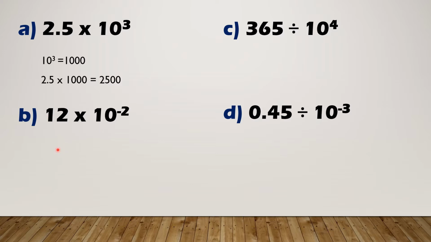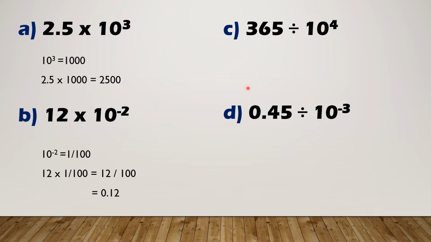So start by writing 10 to the power of negative 2 as 1 over 100 and multiply 12 by 1 over 100 and you get 0.12.